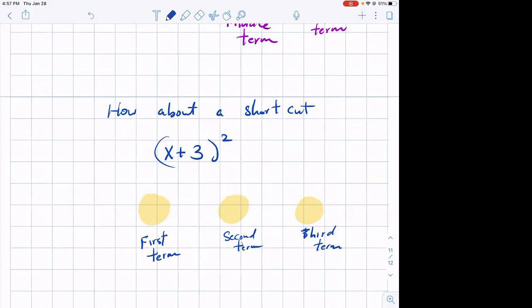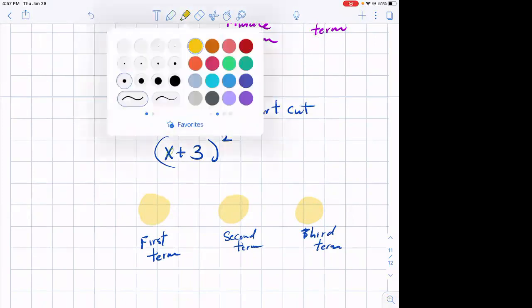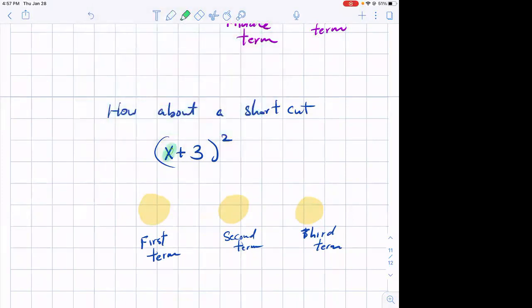Now the first and the third are easy to get. To get the first term, we square it, because this is a square.